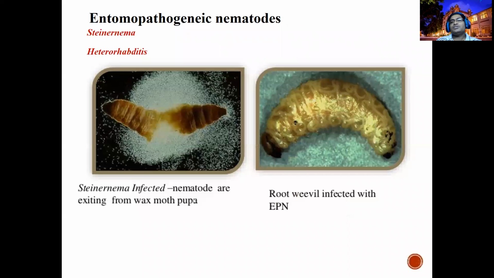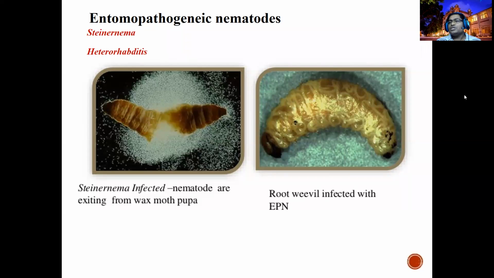Right? This is an entomopathogenic nematode attack. These entomopathogens belong to two families, Steinernematidae and Heterorhabditidae. These two families are entomopathogenic nematodes. So two genera, Steinernema and Heterorhabditis. These two genera are highly being used.